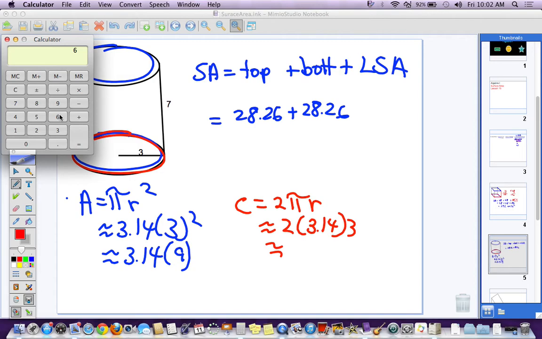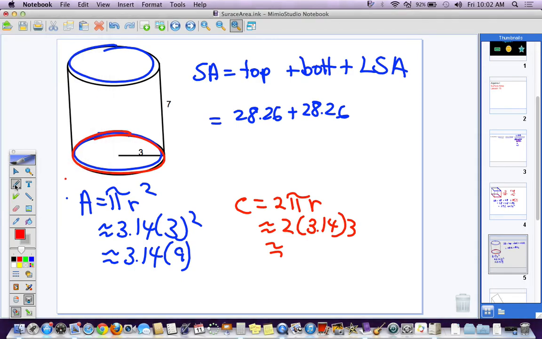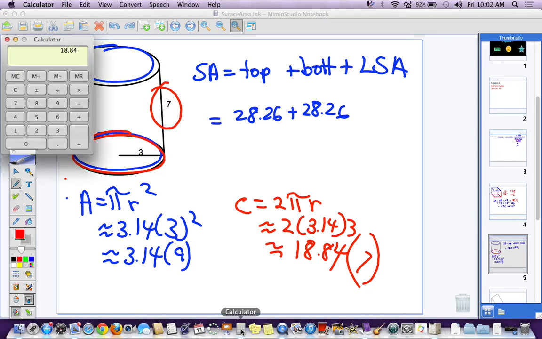Let me try that again: 6 times 3.14 is going to give me 18.84. So the circumference of the bottom is 18.84. Now I'm going to take that times the height of 7 to finish out my lateral surface area. So take this times 7, and I have 131.88.